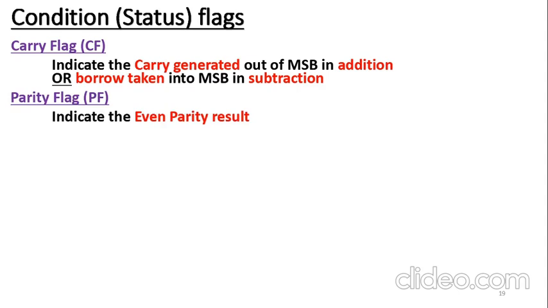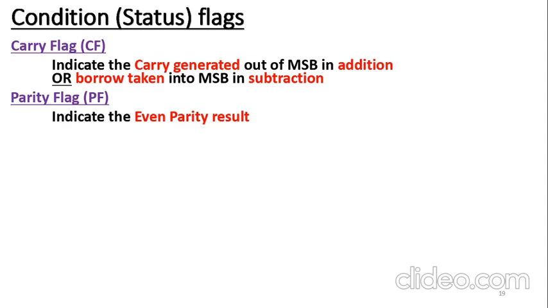Next is the parity flag, PF. This parity flag indicates the even parity result. It means that after performing an arithmetic or logical operation, whatever result is generated, if it contains an even number of ones, then the parity flag will be set to 1.